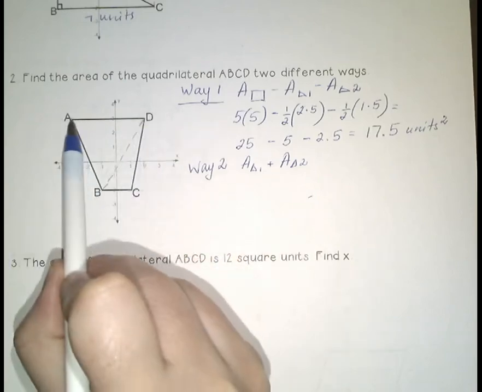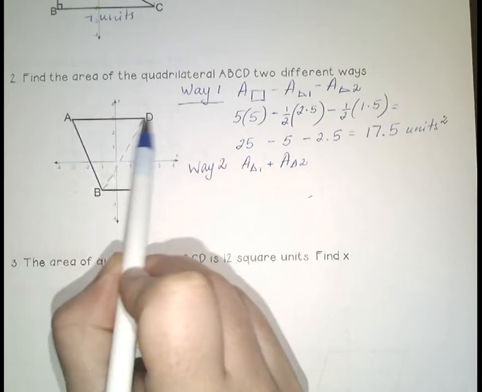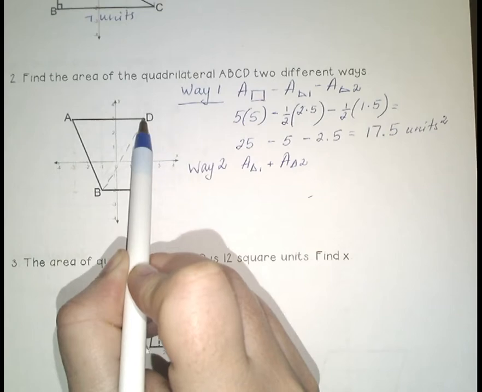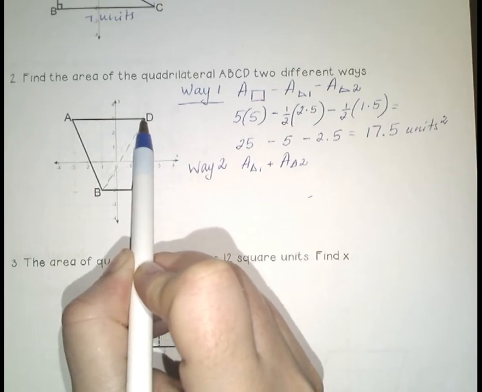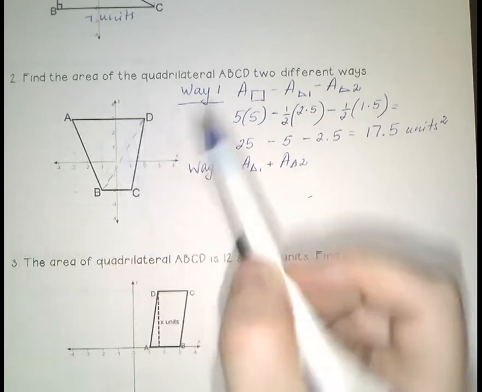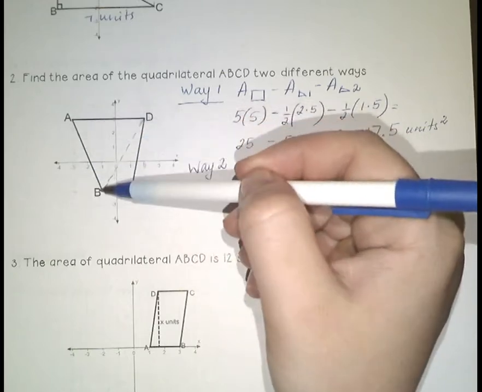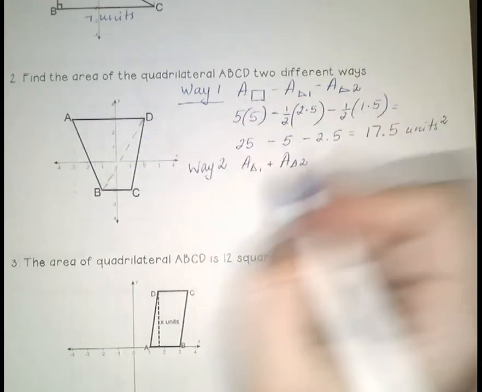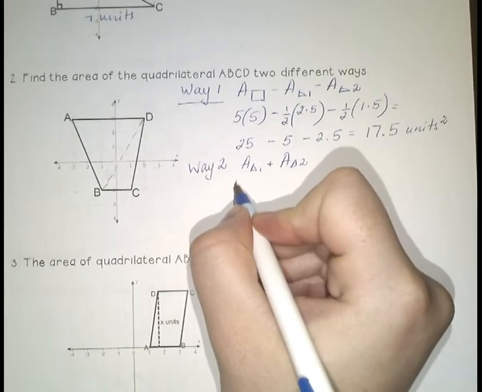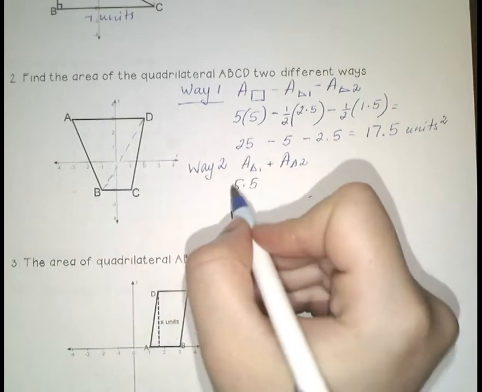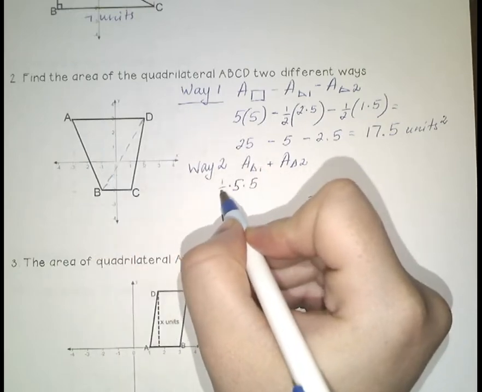I'm looking at the base, and the base in this triangle is going to be the top line right here. It's 5 units. The height of the triangle is the height of my shape, and that is also 5 units, right? So I'm multiplying 5 times 5, but because it's a triangle, I need to take half of it, right?